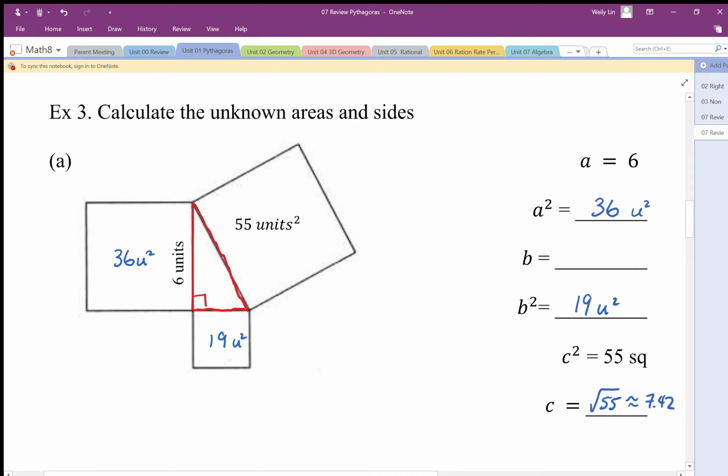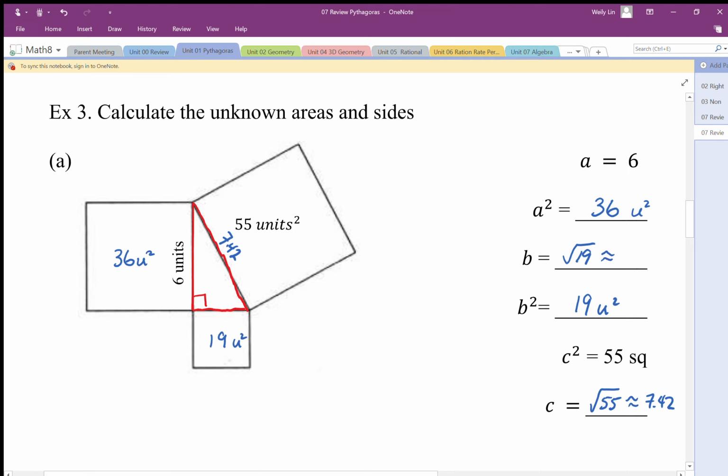7.42. If I want to find the side length of b, okay, so I'm just going to write this in here, 7.42. If I want to find the side length of b, I can do exactly square root 19. So although I see the area 19, the square root indicates it's a side length.